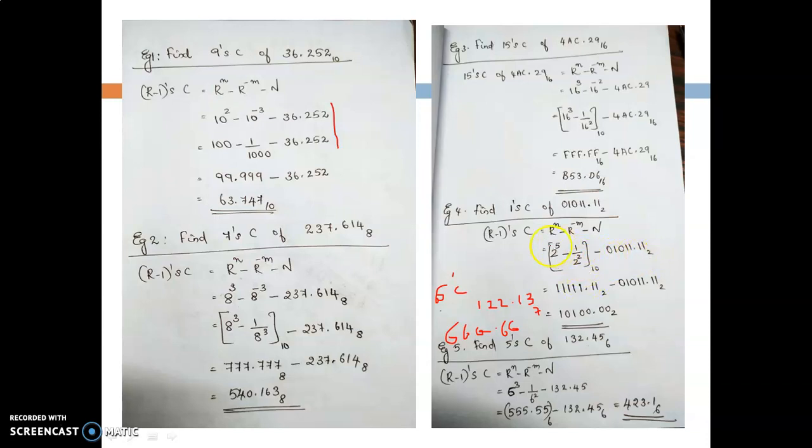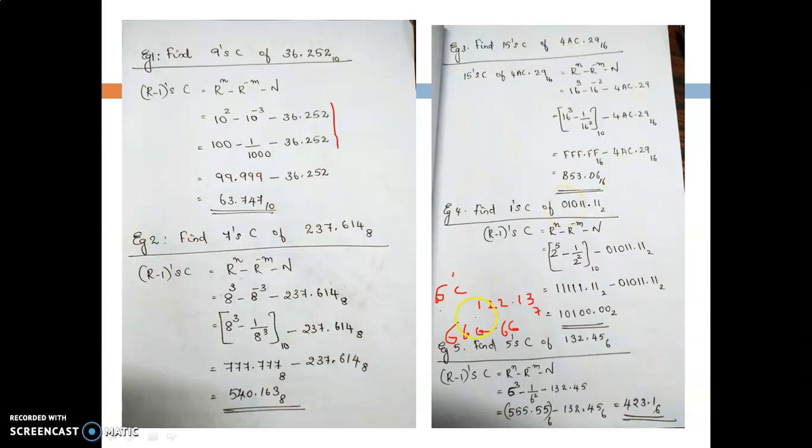When converted to binary, because it is in base 10, what you're getting is 11111.11 minus this number. So what you're getting is 10100.00. What happens when you invert this number, zeros to 1 and 1 to 0? You get 10100.00. That is what you have obtained when applying this formula also. So for binary, you don't need to depend on this formula. You can just invert zeros to 1 and 1s to zeros.